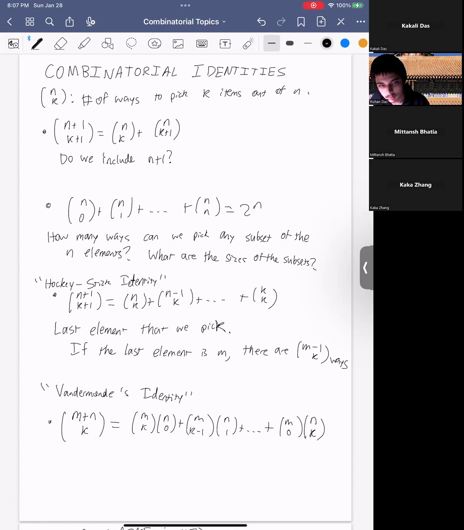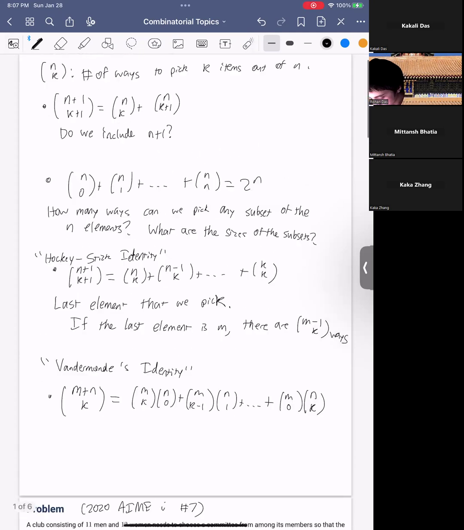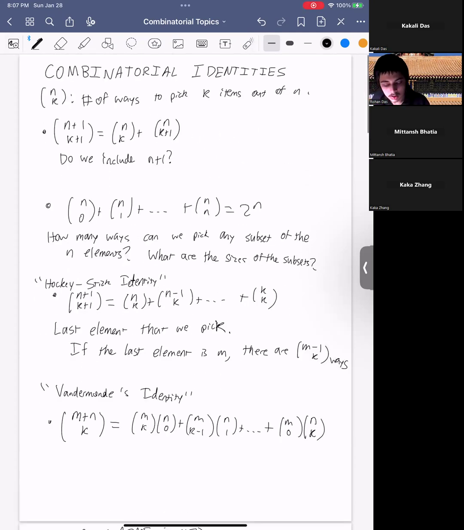And for Vandermonde's identity, this is where I think knowing where this comes from is the most important, because sometimes the exact same idea shows up as a problem. You can think about if you have m red items and n blue items. How many red items do we pick?